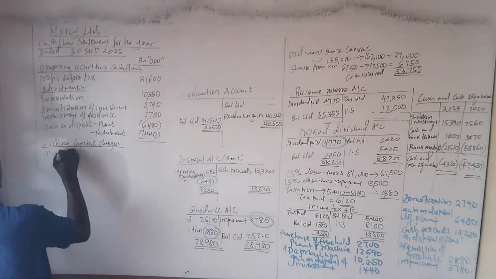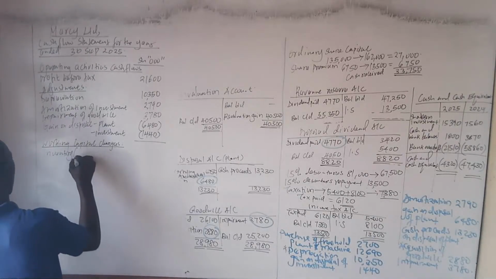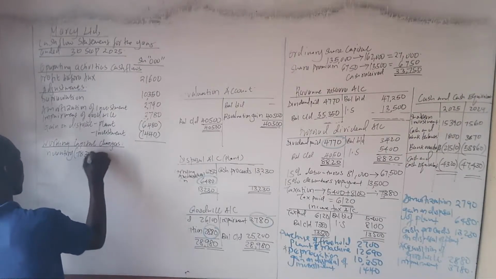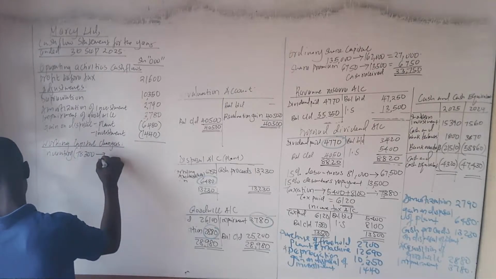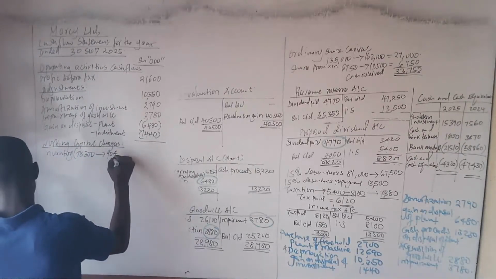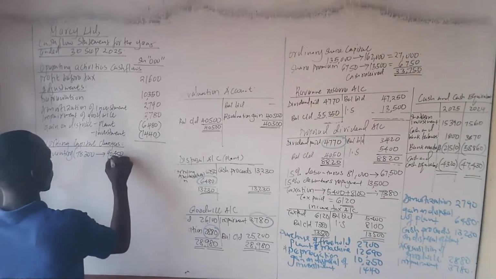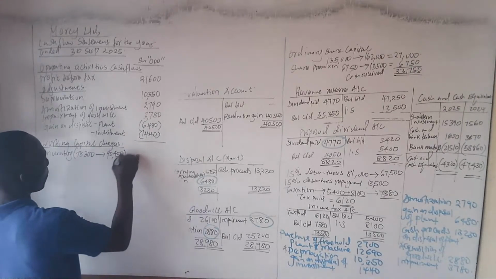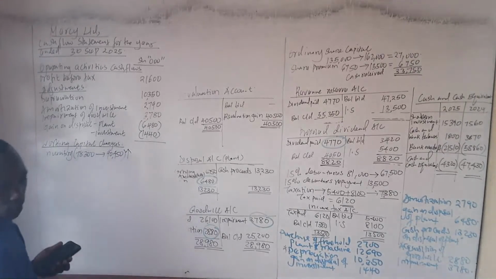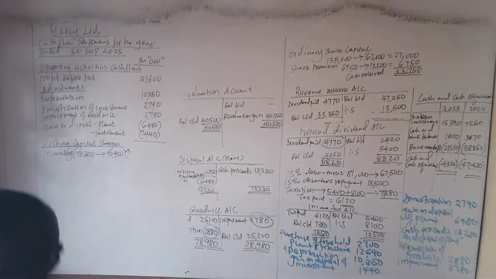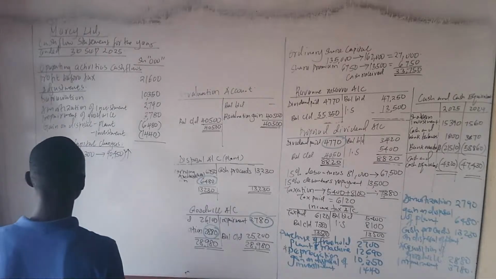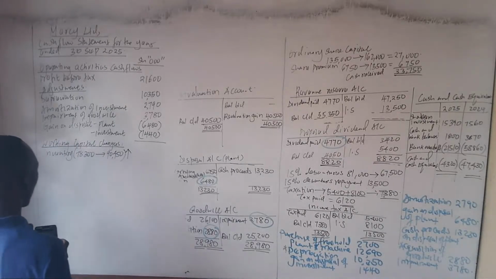We start with inventory. Inventory at the beginning, we are given an amount of 78,300. Then at the end, we have inventory of 90,450, meaning it has increased. If inventory increases, it means we have acquired more or purchased more.